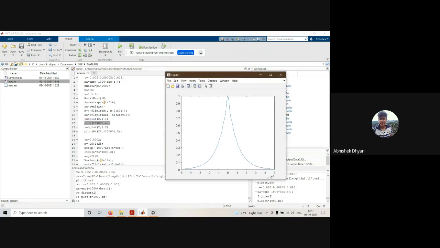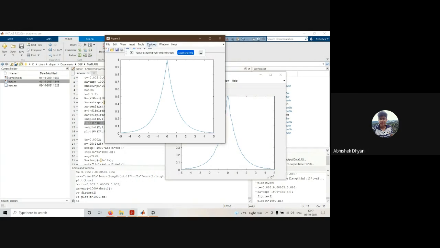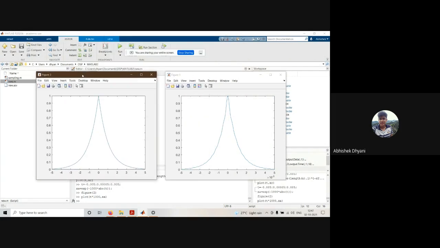So you see, this is the figure that we obtained after reconstruction, and this was the original figure. This was the original signal, and after sampling and reconstruction, we have obtained this one.